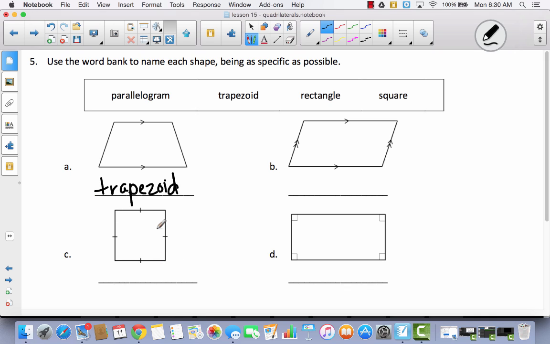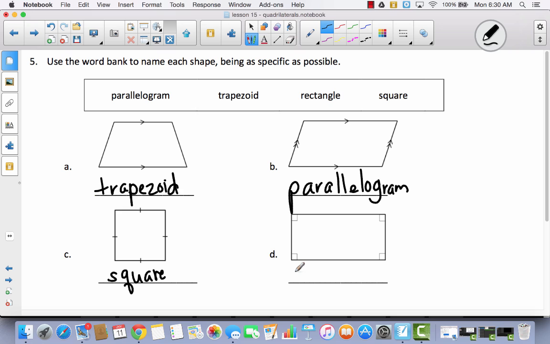But because this has 2 parallel sides, we can be more specific and call this a parallelogram. Now this shape is a trapezoid because it has one pair of parallel sides. It's a parallelogram because it has 2 pairs of parallel sides. It's a rectangle because it has 4 right angles, but the most specific name for this shape would be square.